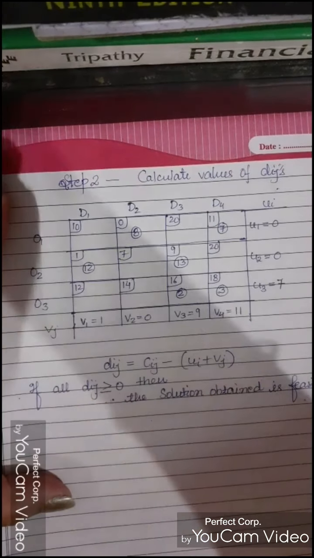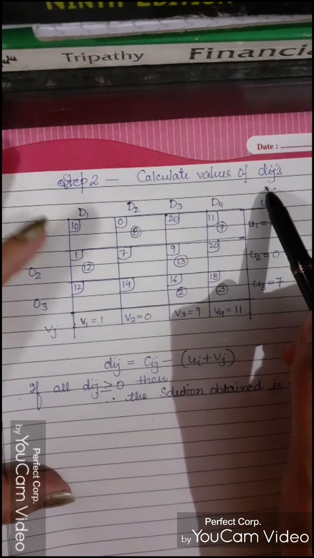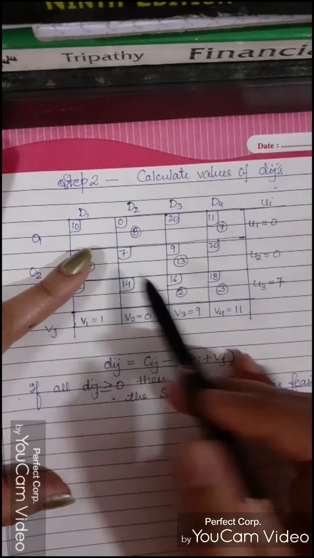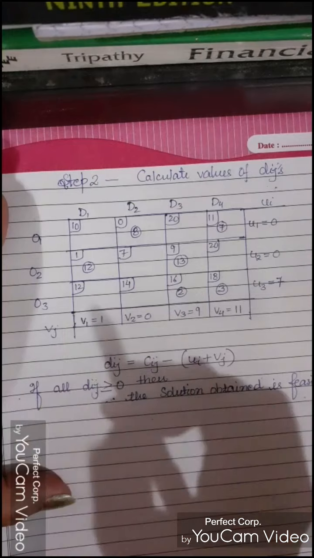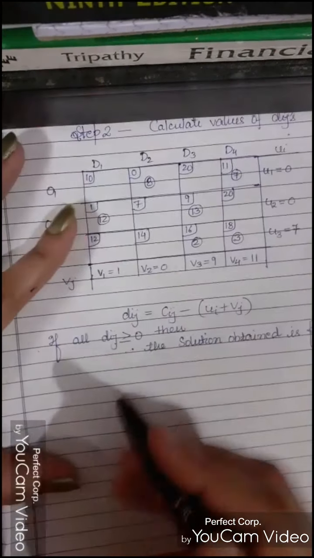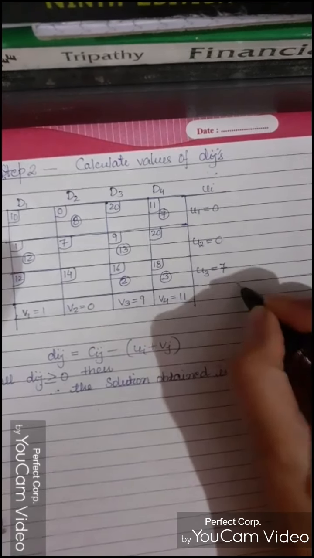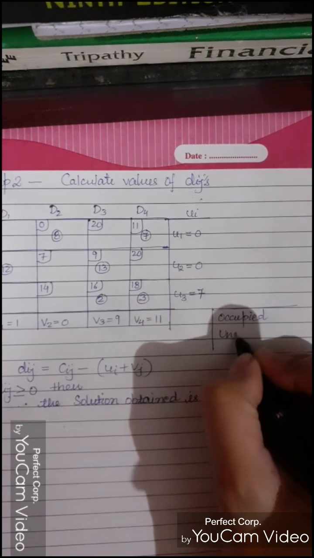The first thing, before calculating the dij's, we need to know where we are having no allocations, that means unoccupied cells. That means firstly we have to identify occupied and unoccupied cells.